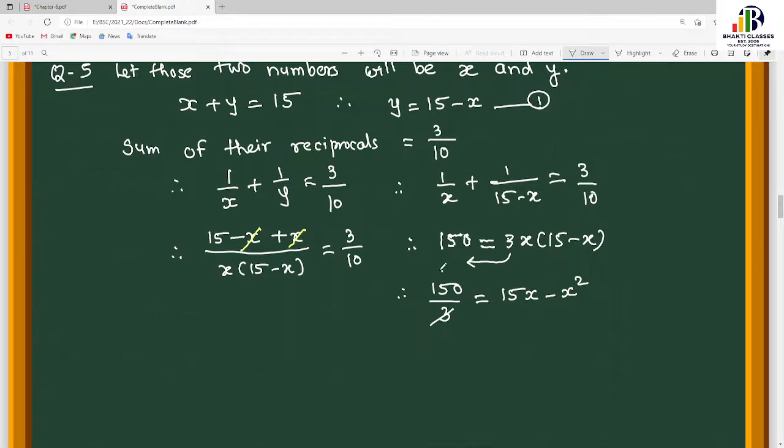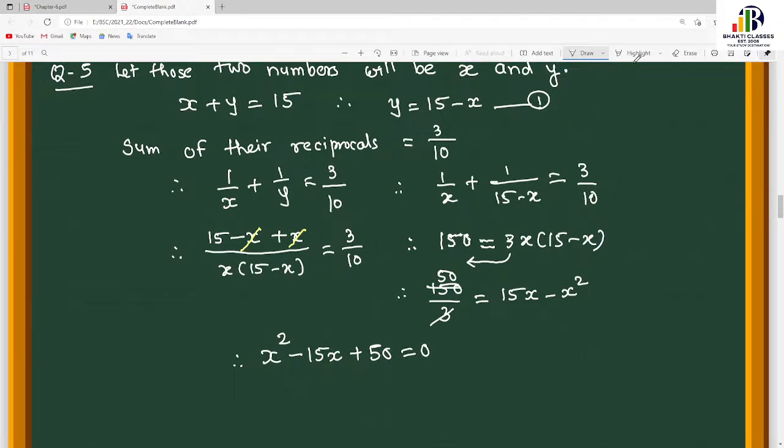So 3 fives are 15. It will be cancelled out with 150. So the quadratic equation becomes x square minus 15x plus 50 is equal to 0.